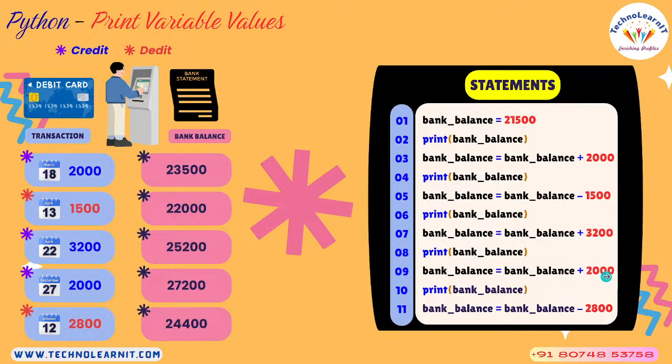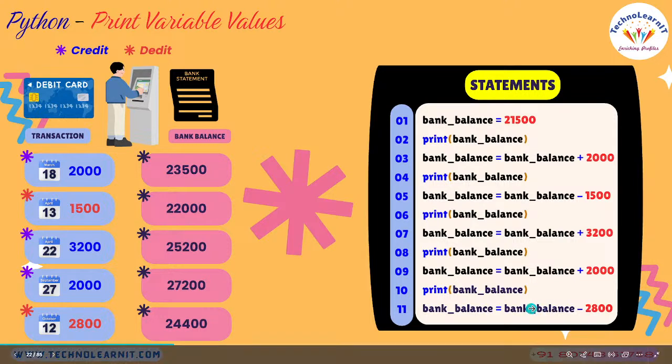Can you consider that 25,200? You add 2,000 to this, right? And the result of the right hand side expression would be 27,200, which would be once again stored in the same variable bank balance. You print, you'll be getting 27,200, right? And finally, you subtract 2,800 from 27,200, and you store it here.